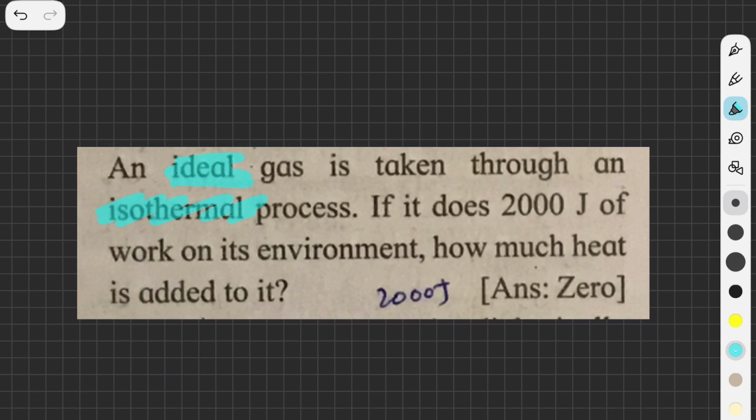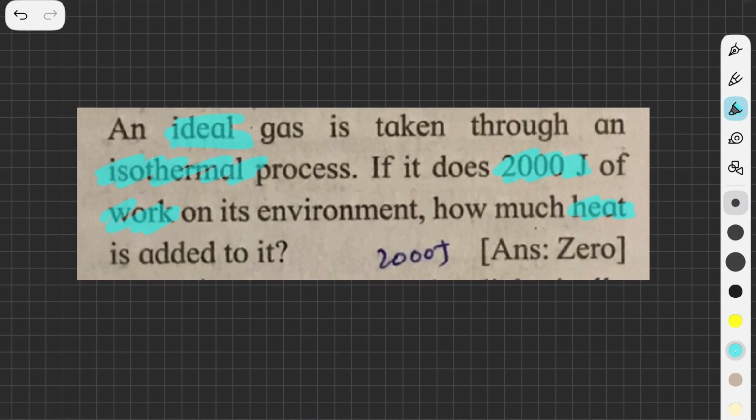If it does 2000 joules of work on the environment, how much heat is added to the system? So there is one piece of information given, the process, and one quantity is something we are supposed to find out.